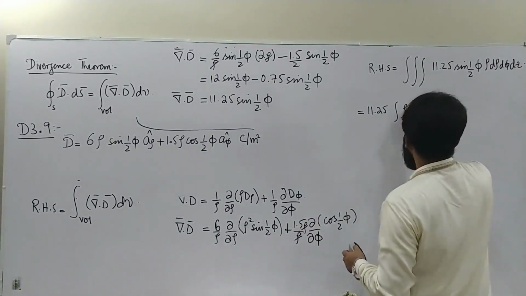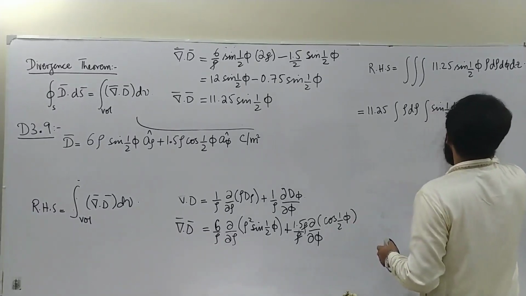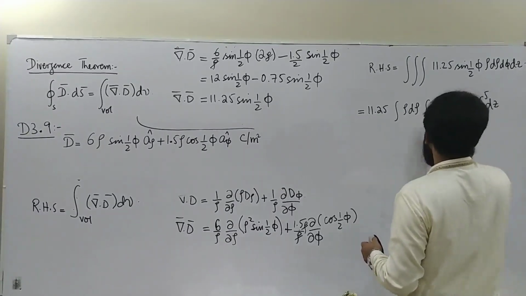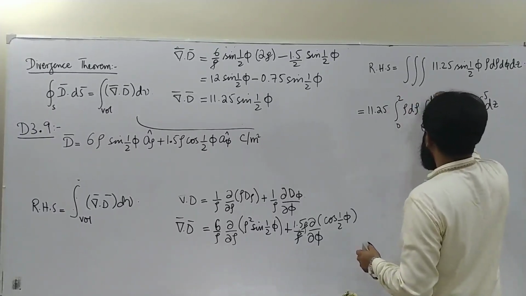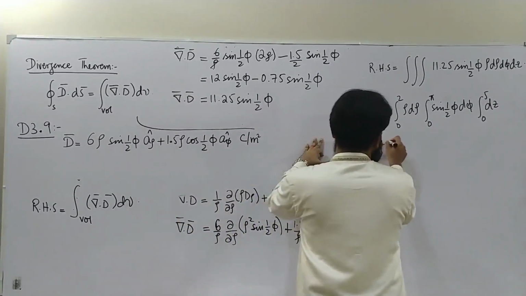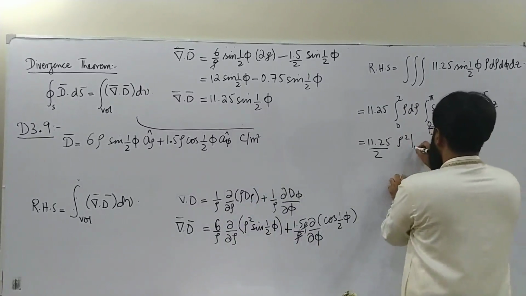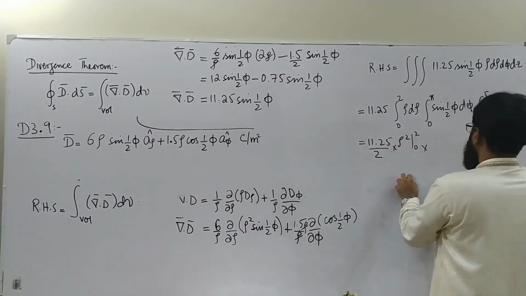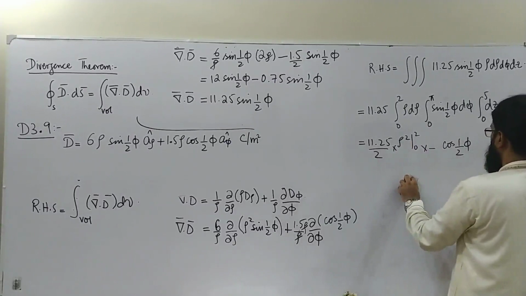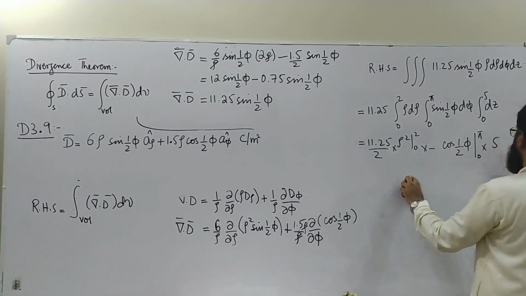So rho d rho here, sine half phi d phi here, dz, with limits 0 to 5, 0 to 2, 0 to pi. So 11.25, rho squared by 2 from 0 to 2, minus cos, from 0 to pi, times 5.